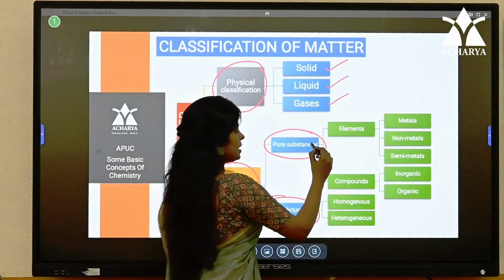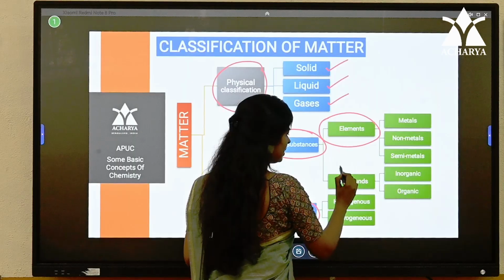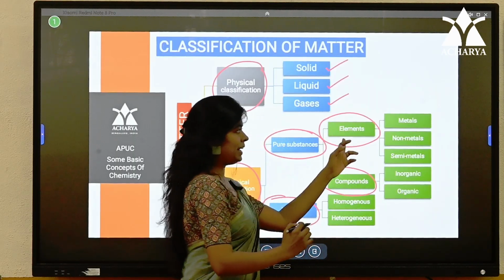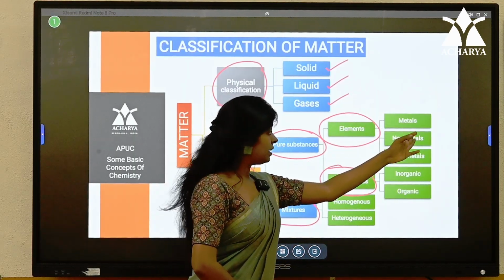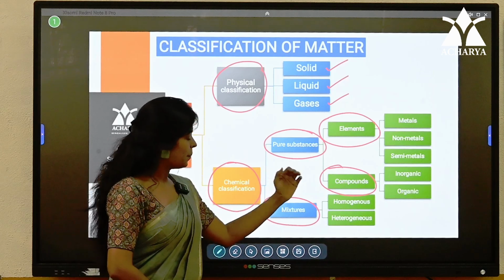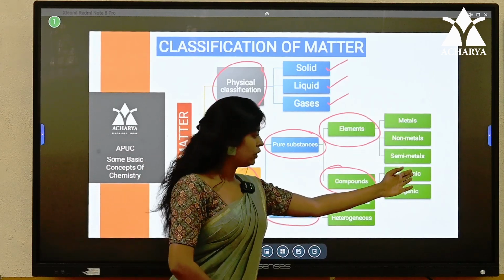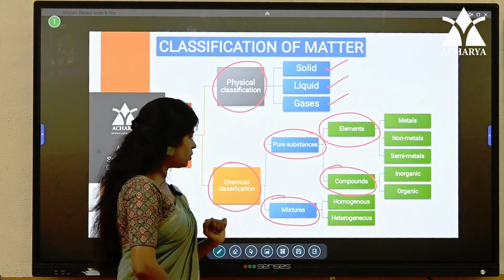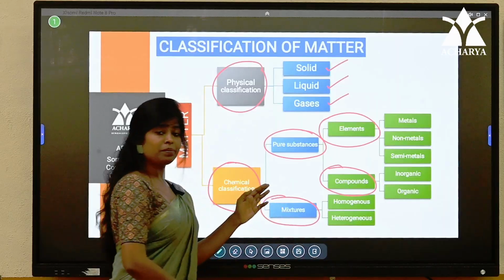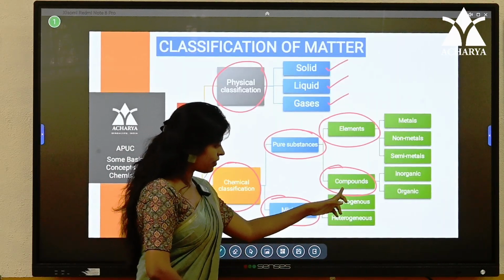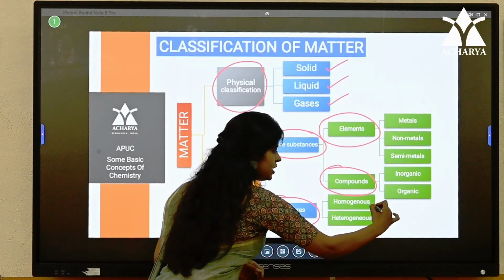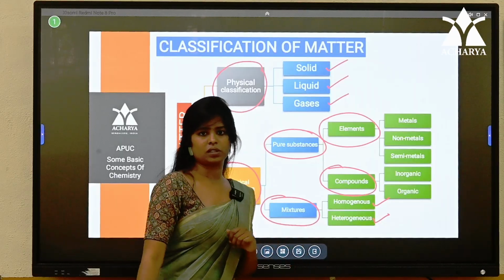Pure substances are further divided into elements and compounds. Elements are further divided into metals, non-metals, semi-metals. Compounds are further divided into inorganic compounds and organic compounds. Similarly, mixtures are further divided into two: homogeneous mixtures and heterogeneous mixtures.